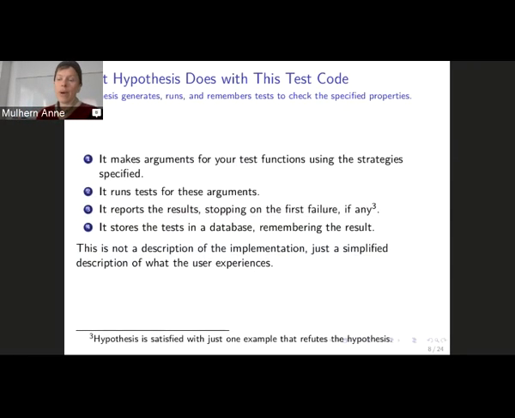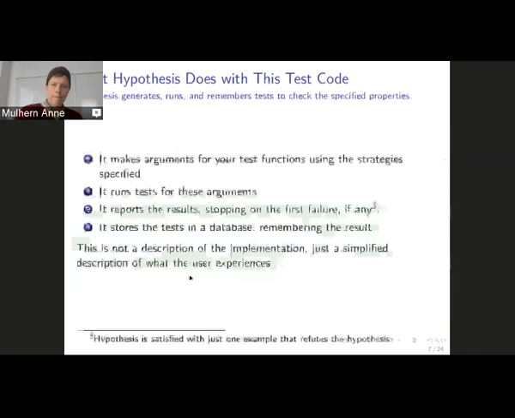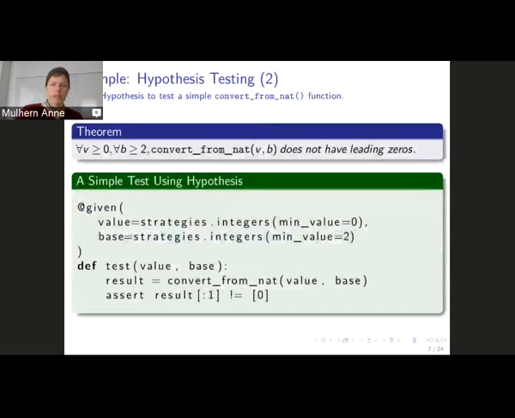Okay, so what does hypothesis do with the small amount of code that I've written? It comes up with arguments corresponding to value and base. So it generates those arguments based on its strategies. It runs the tests that I've written for every one of these pairs of arguments.